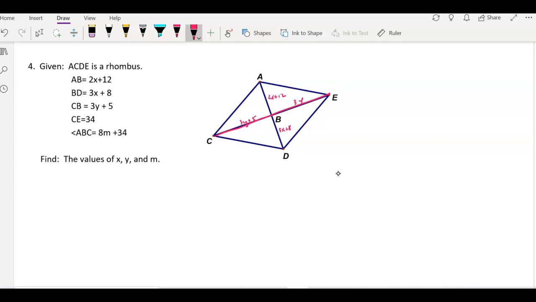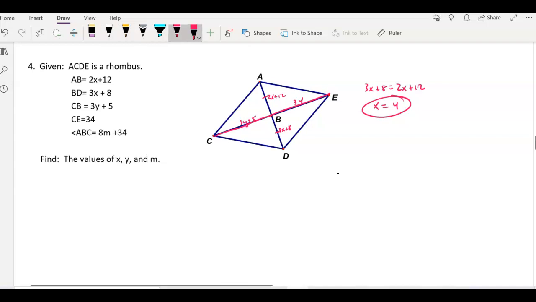With this, how do we find x and y? Well, x is easy because right away you know these segments are congruent. So 3x plus 8 is equal to 2x plus 12. Subtract 2x, and I get x equals 12 minus 8, which is 4.